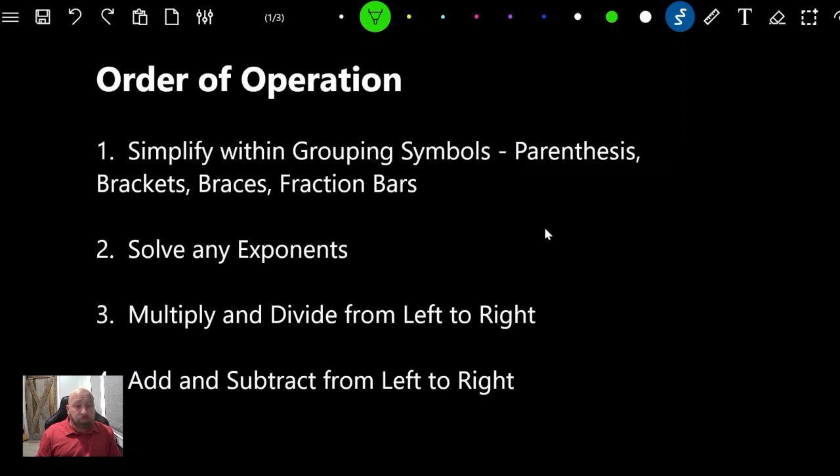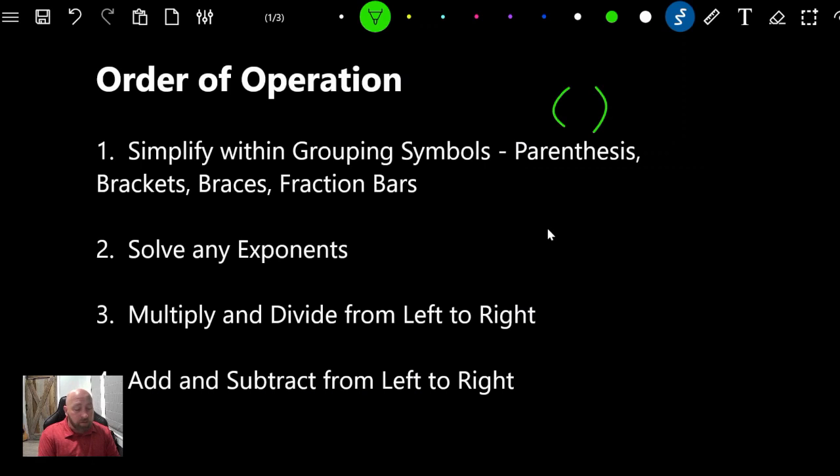Number one, the first thing that we want to do when we're solving a math problem is we want to simplify within grouping symbols. And that means parentheses, brackets, braces, and fraction bars. These are different ways that these problems will be grouped. So a parenthesis, you probably know what a parenthesis looks like, right?